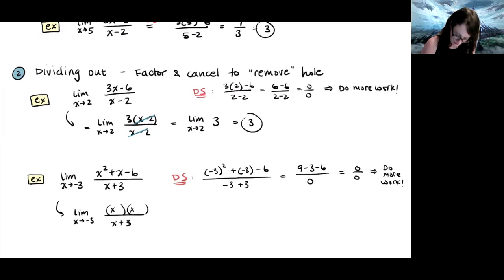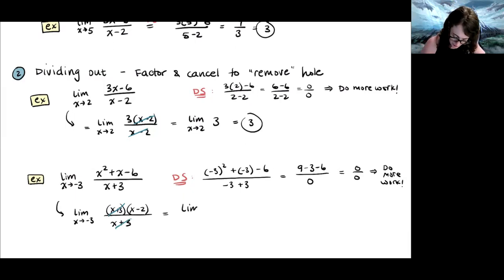Up top, we're going to need two numbers that multiply to negative 6 and add up to positive 1. I think those will be positive 3 and negative 2. So here we can see that we have this hole at x equals negative 3, because we have these two factors that are going to cancel.